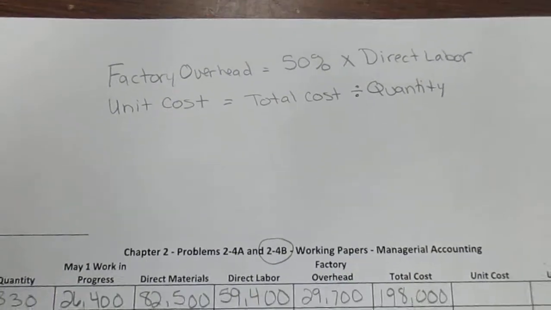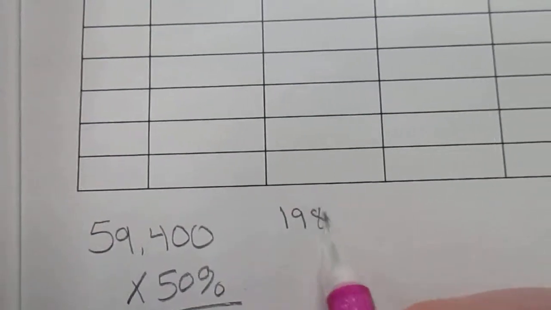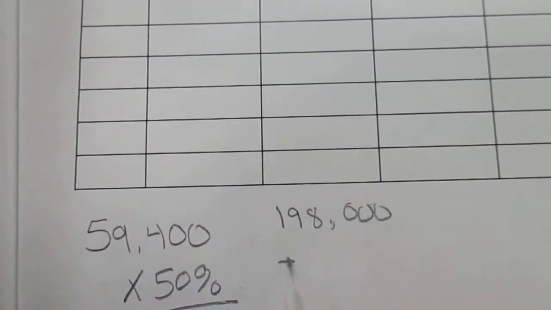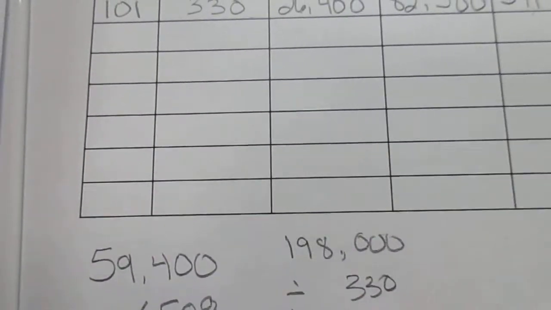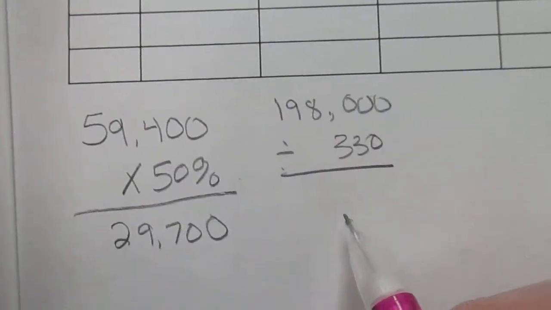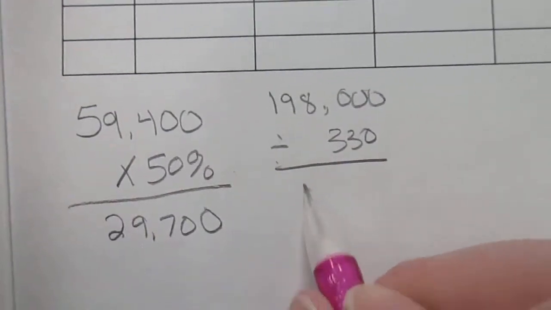Again, for this one, I'm going to take the 198 and divide it by the 330. And once I do that, I get a unit cost of $600.